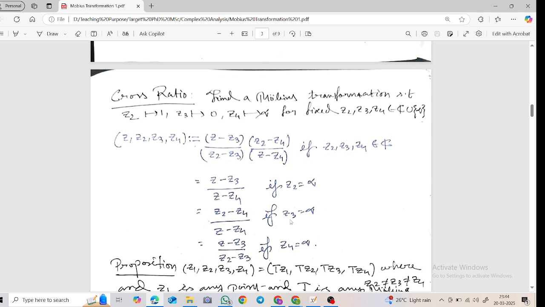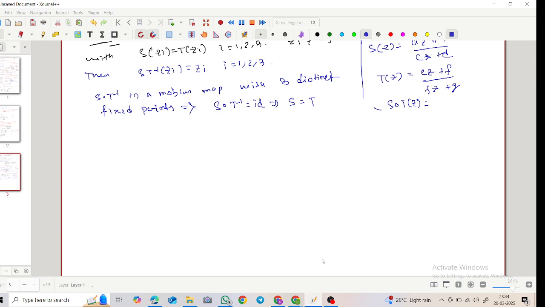Okay, so we will end this class by defining what a cross ratio is. So you see again, this is the definition of a cross ratio. Okay, so first define a cross ratio. So, definition of a cross ratio, and you will rightly see what I was talking about.